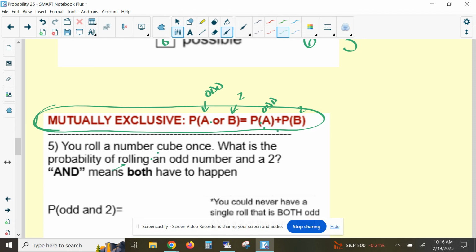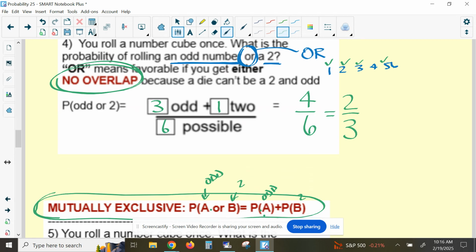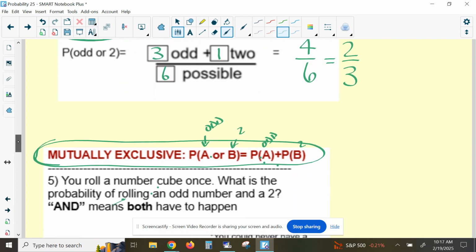Don't worry if things look weird. When it looks like that, just say the probability of A or B happening equals the probability of A plus the probability of B, which is what you just did right here. A plus the B gives you the total. But we just used common sense and got it. Okay? Cool?